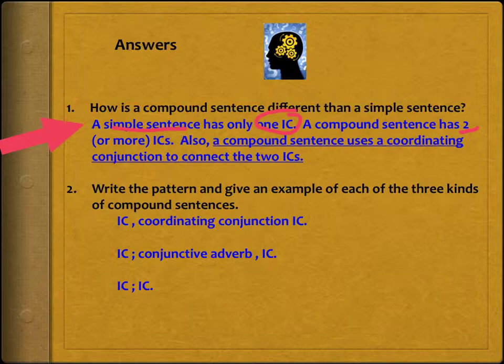My answer here actually is not complete because there are other ways we can connect the 2 independent clauses, as we see down here in answer to number 2. We can connect independent clauses using the comma coordinating conjunction, semicolon conjunctive adverb and a comma, or just a semicolon.